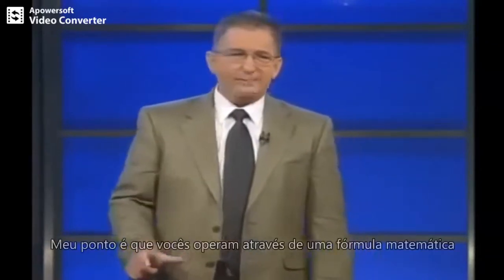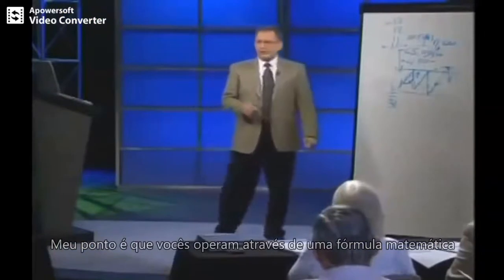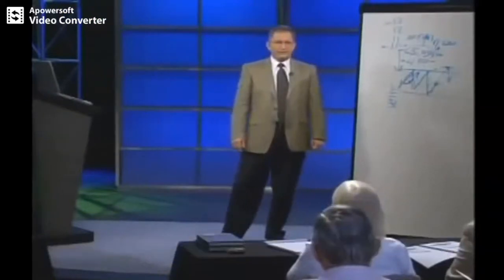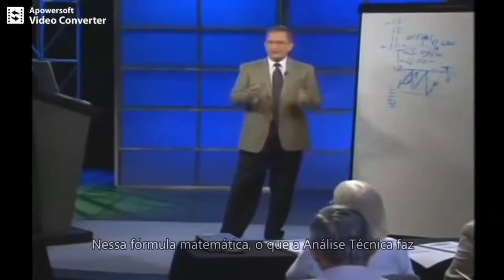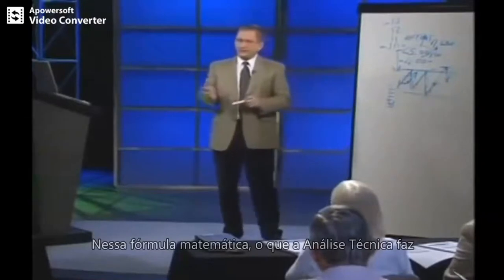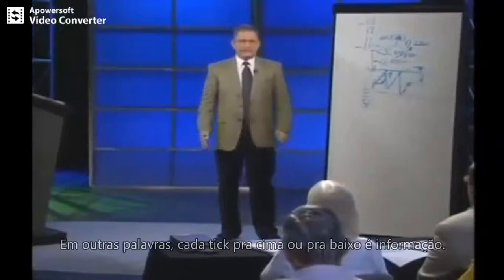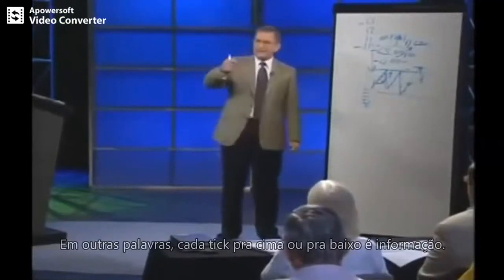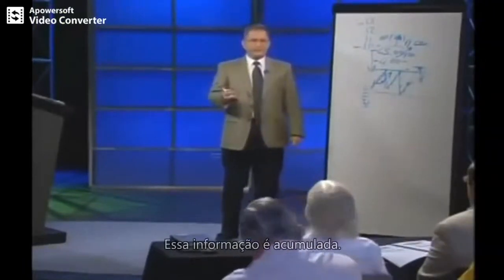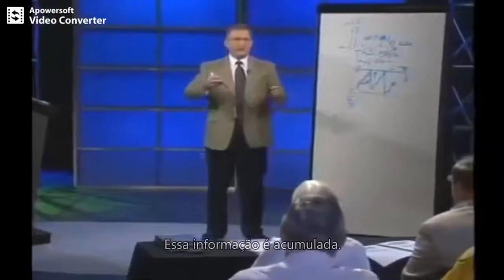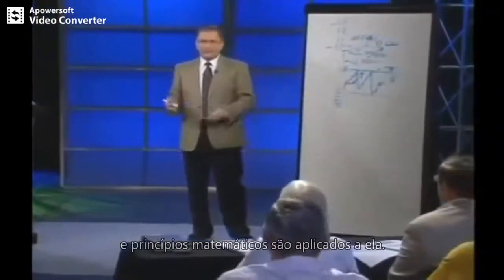And so the point that I'm making is that you're trading off of a mathematical formula. Literally, you're trading, and this mathematical formula, what technical analysis does is it gets into the collective mind of the market. In other words, every tick, every uptick and every downtick is information. That information is accumulated and mathematical principles are applied to it.